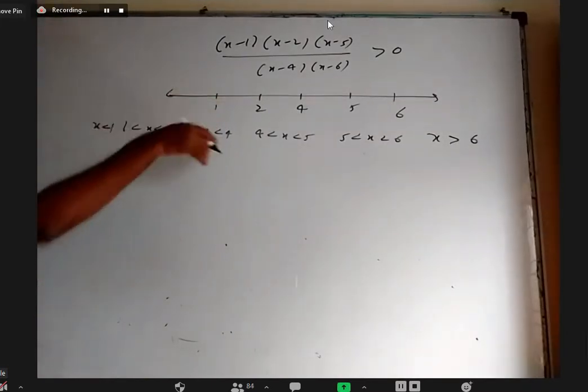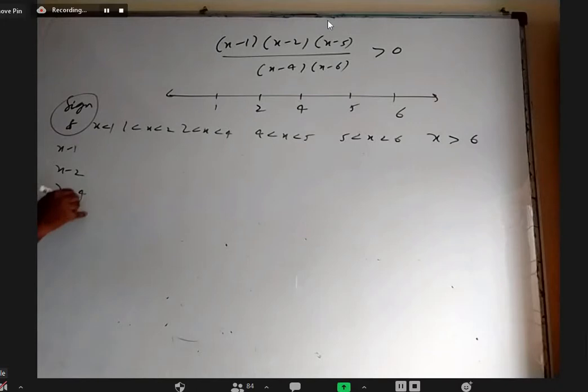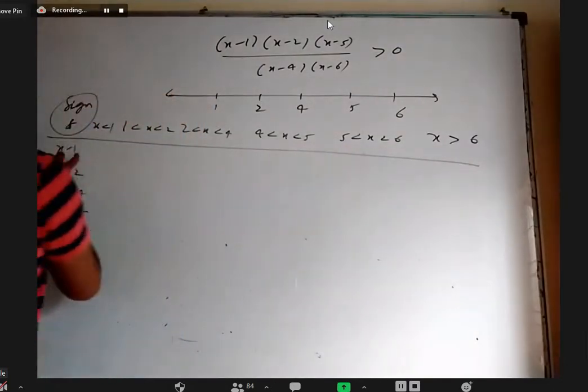Then I also want to take the sign of x minus 1, x minus 2, x minus 4, x minus 5, x minus 6 in all these intervals.